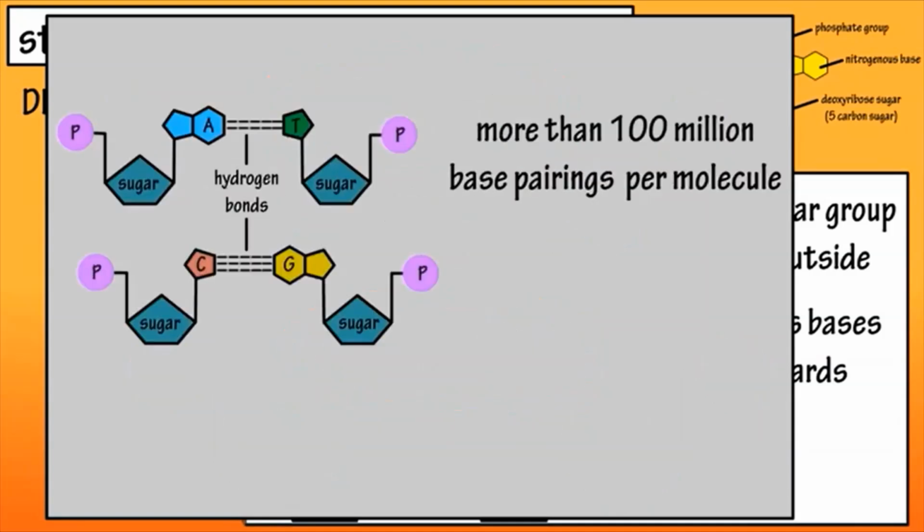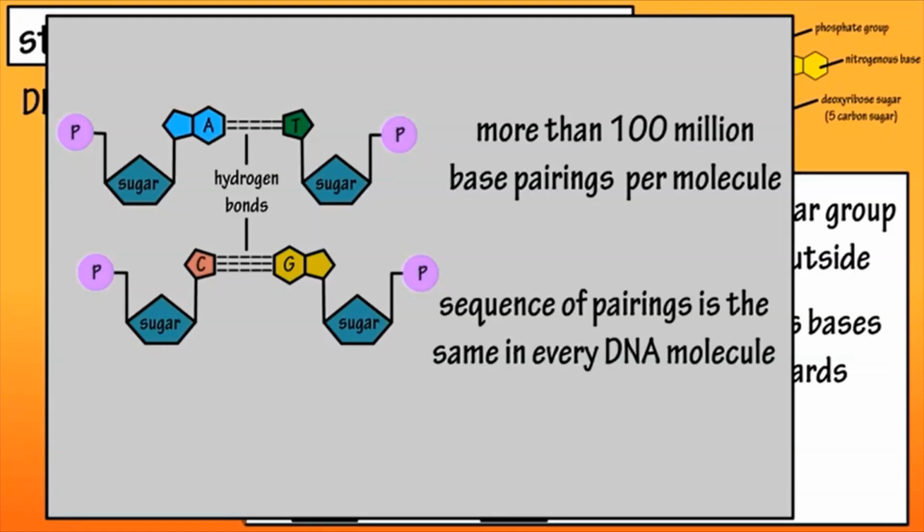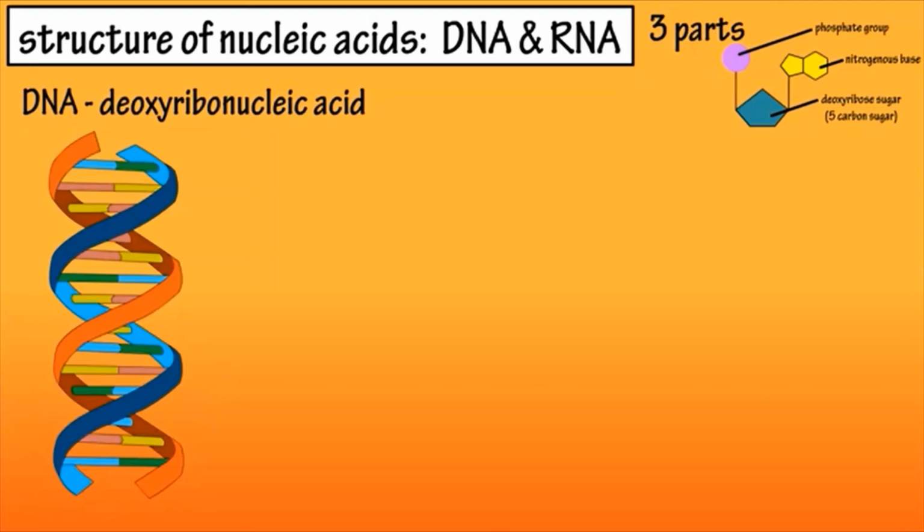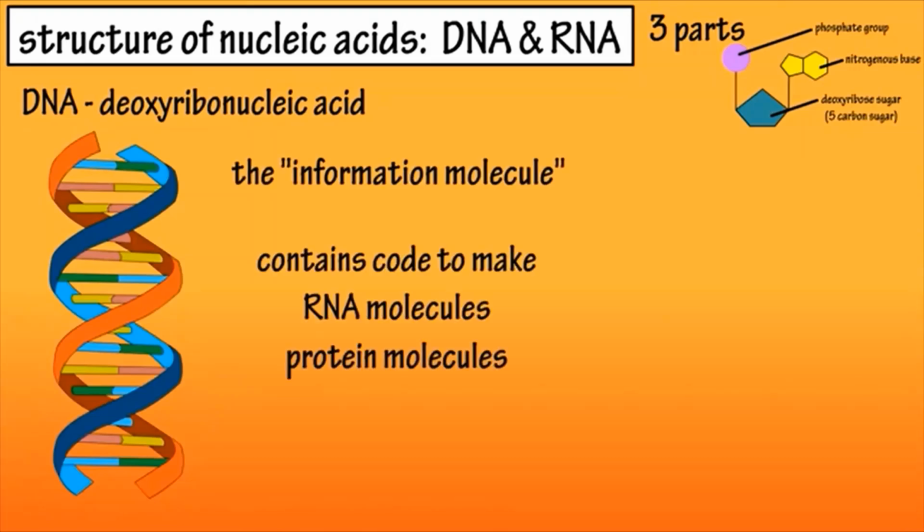It's estimated that DNA molecules contain more than 100 million of these base pairings, and in one individual's body, the sequence of the base pairings is the same in every DNA molecule. So this sequence of base pairing is unique to that individual. DNA is often called the information molecule because it contains the master code needed to make various RNA molecules and protein molecules in the body.